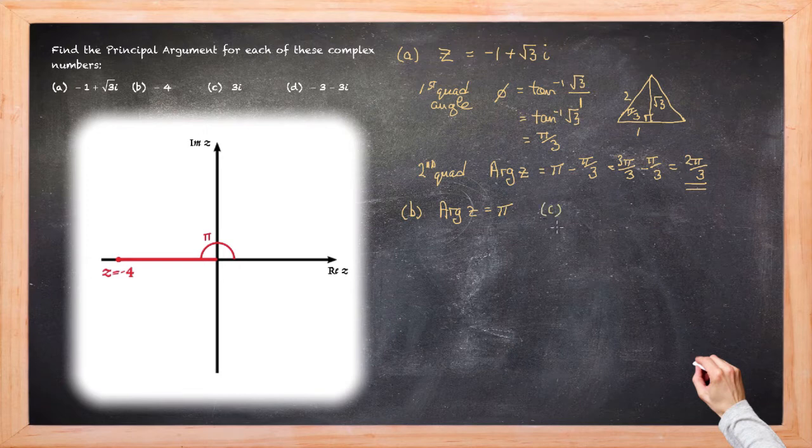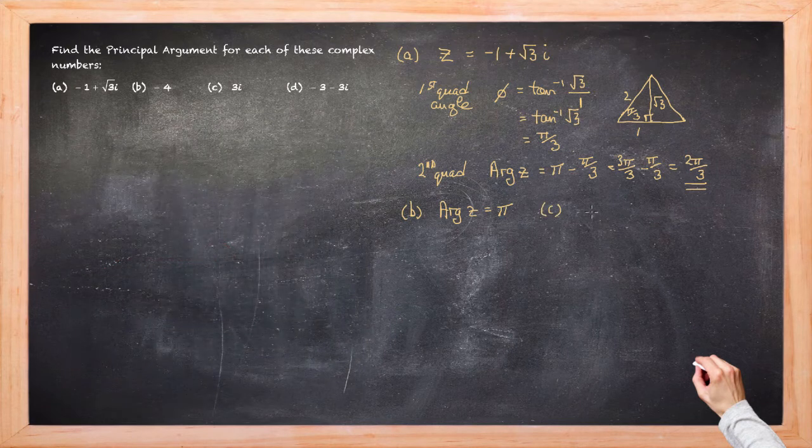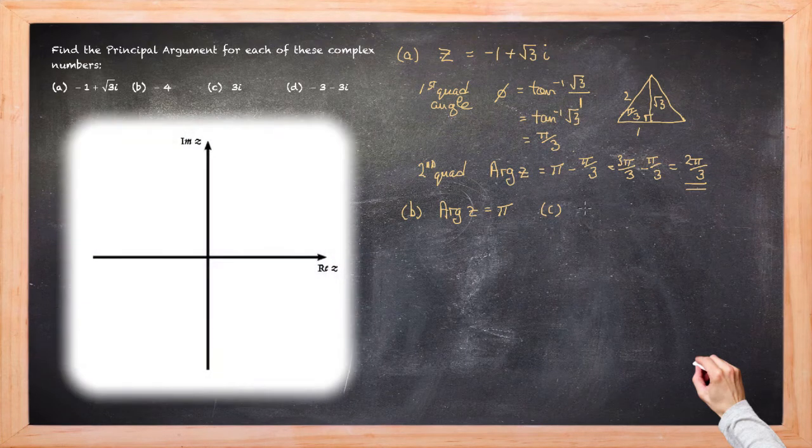So pi radians for that. Let's now move on to part C. That's 3i, purely imaginary number up the positive direction of the imaginary axis. A distance of 3. And again, we can read off the principal value of the argument of z in this case as pi upon 2.